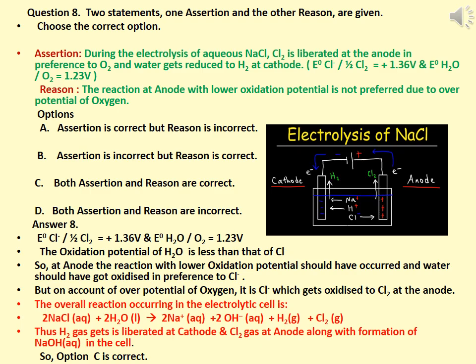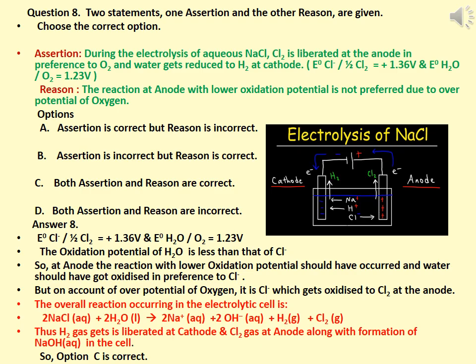Now, if you look at the E0 values, E0 Cl minus giving half Cl2, it is the oxidation potential values which are given. Cl minus is oxidized to half Cl2 gas and water, the oxide ion of water is oxidized to oxygen. So, in this case, if you look at the oxidation potential, that of water getting oxidized to oxygen is lower.